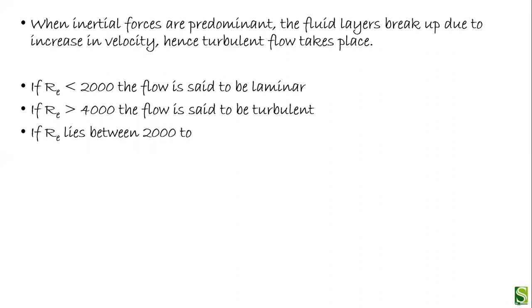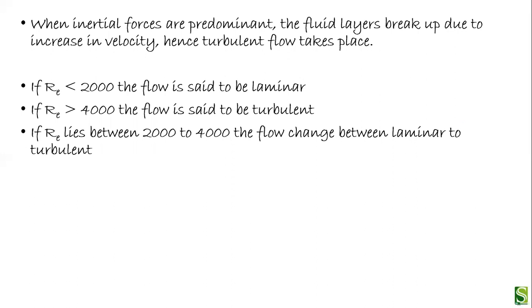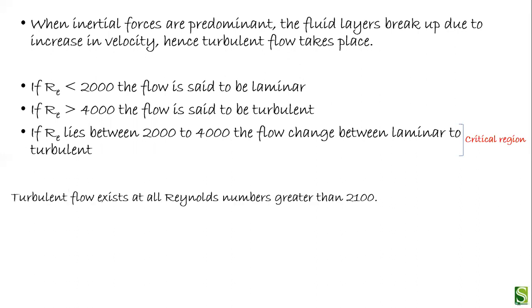When the Reynolds number lies between 2000 and 4000, the flow changes from laminar to turbulent, and this region of 2000 to 4000 is said to be the critical region. So turbulent flow exists at all Reynolds numbers greater than 2100.